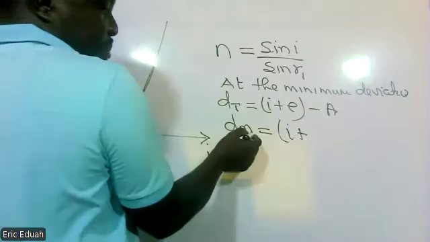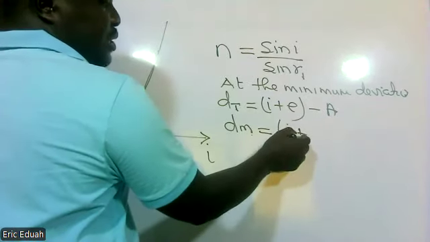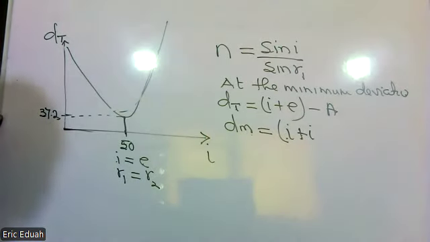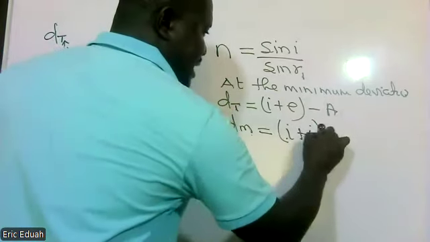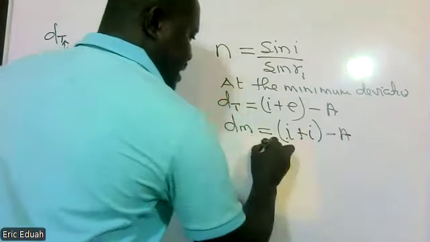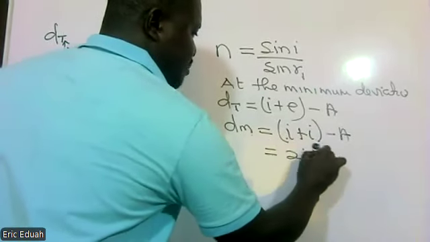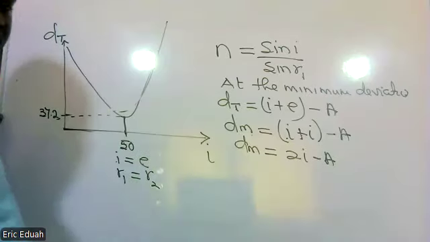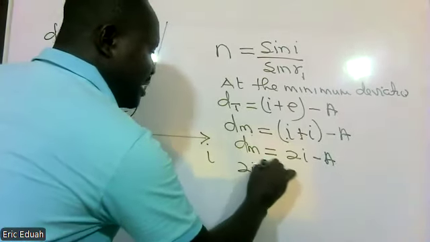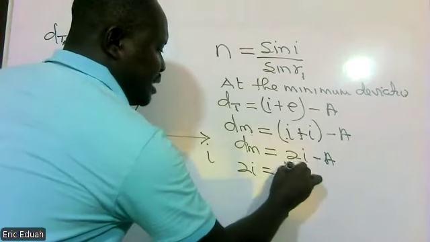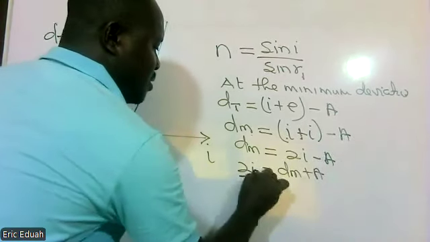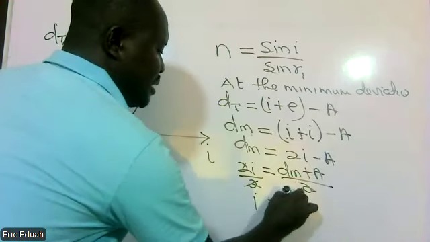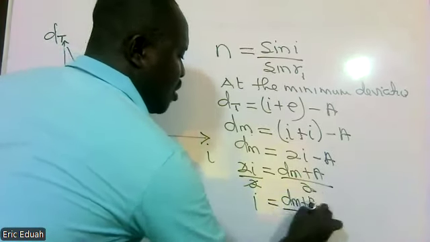So at the minimum deviation, E is still equal to I. So we have I plus I plus I minus A. This is 2I minus A. And if we make I the subject from what we have here, we have 2I equal to D minimum plus A all divided by 2. So I is equal to D minimum plus A all on 2.